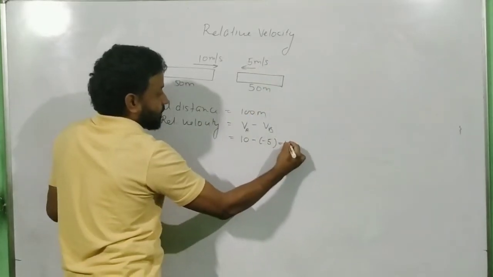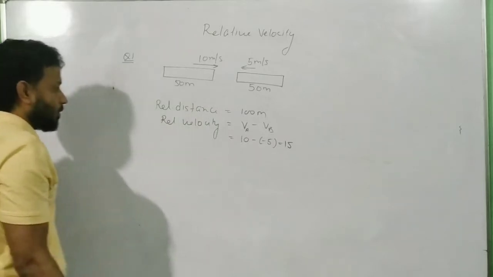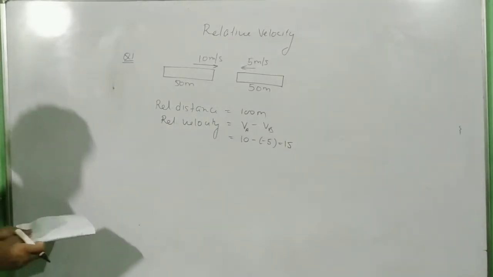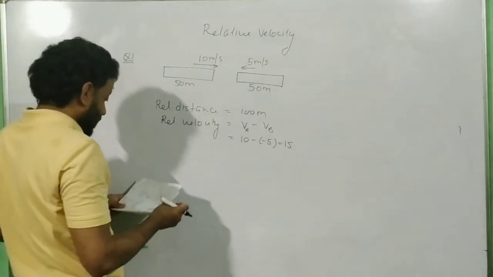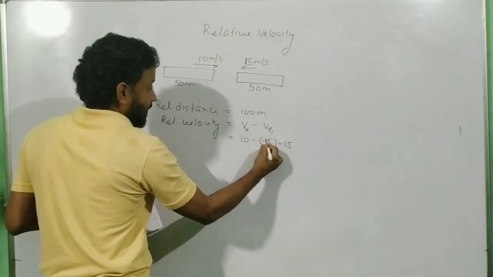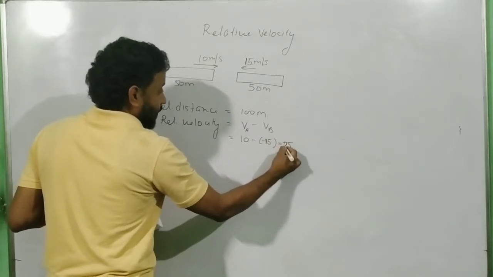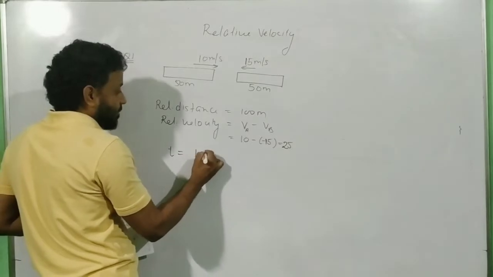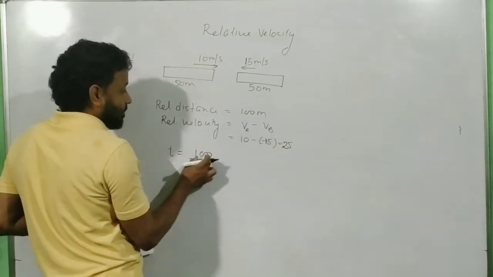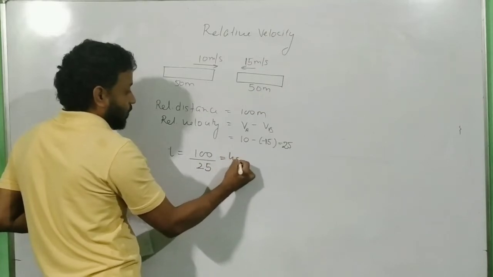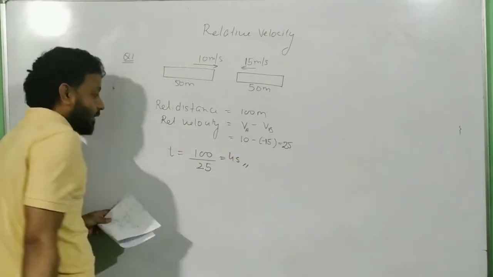So that becomes 15 meter per second. And now how much time will it take? It will take time equal to distance divided by speed, 100 divided by 15, which is your final answer.